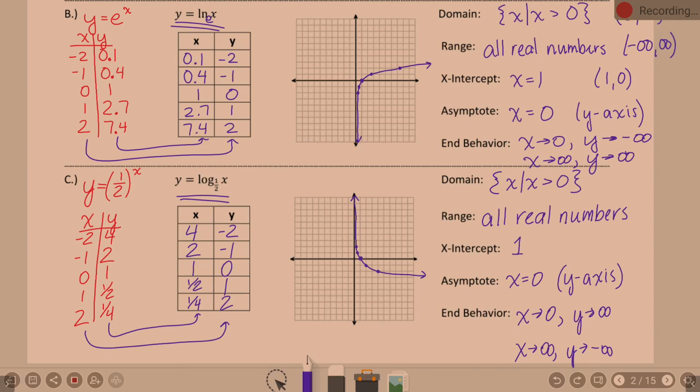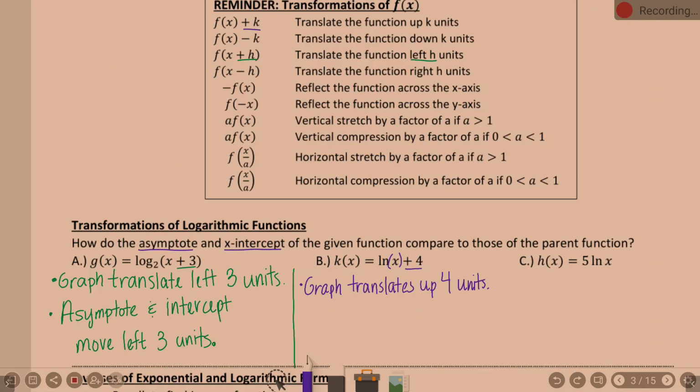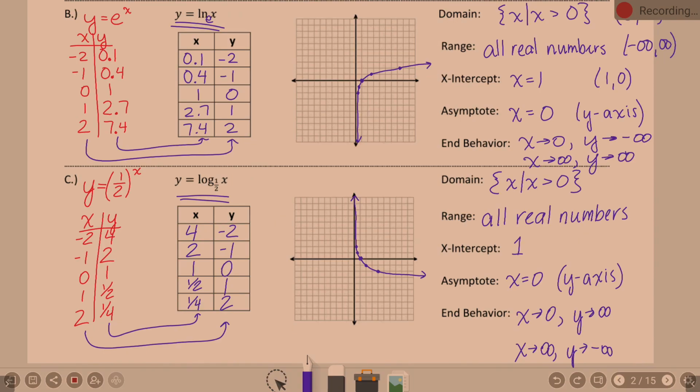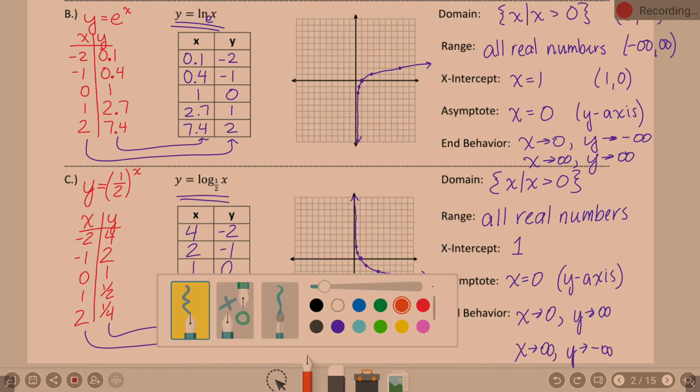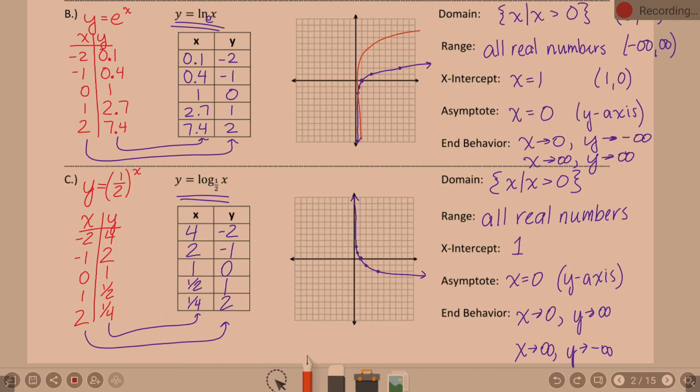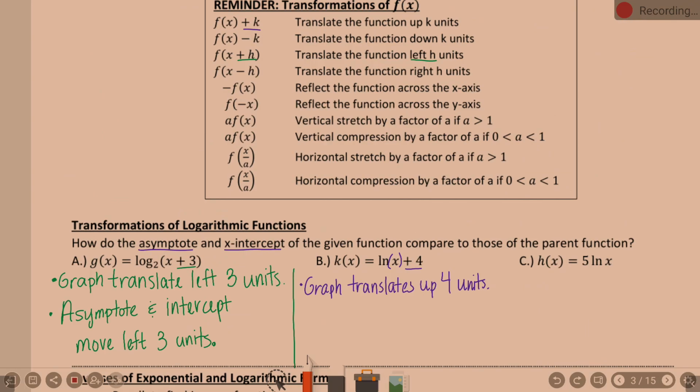We just have to be able to identify, does it change or does it not change? So when I come back, and here guys, you need the visual. If I take this graph and I move it up 4, I'm going to erase that, but that's the gist of what it would look like. Asymptote's still the same. My x-intercept's going to change. There's your visual for the day.